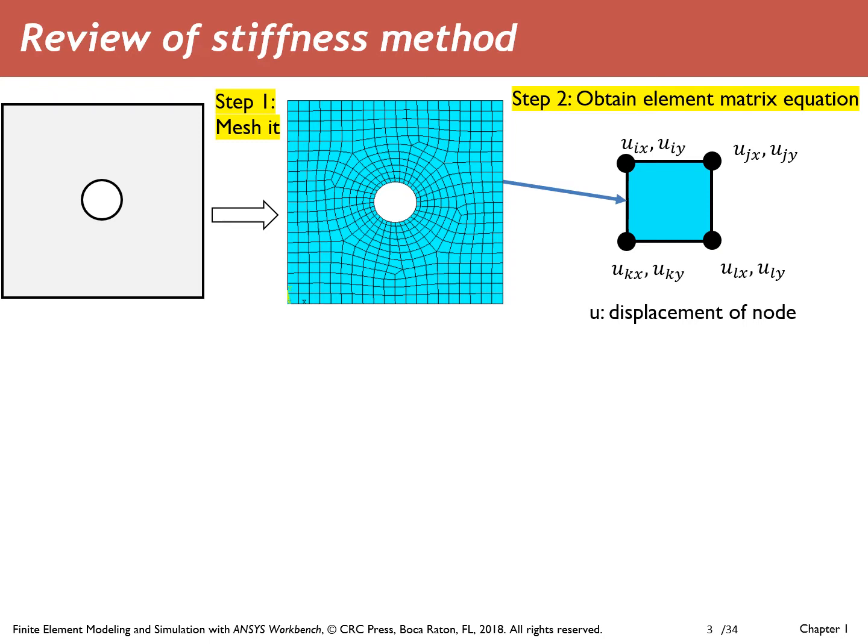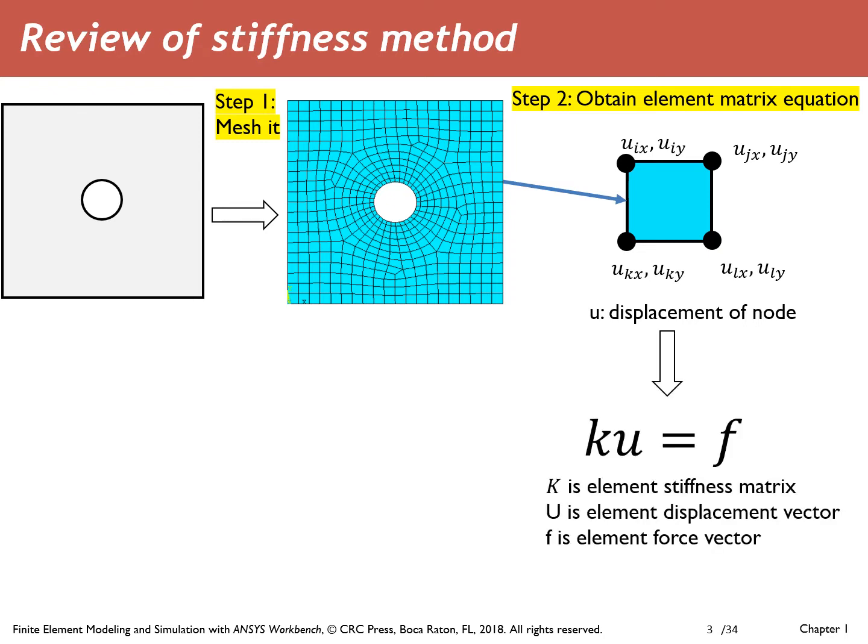In this case, this is a 2D element, and you can imagine that there will be 4 nodes, and each node has 2 degrees of freedom. It can go in the X direction or the Y direction. Then in this step, we establish a relation between the displacement and the force applied on the node. Let me write it down. F is a force applied on the node.